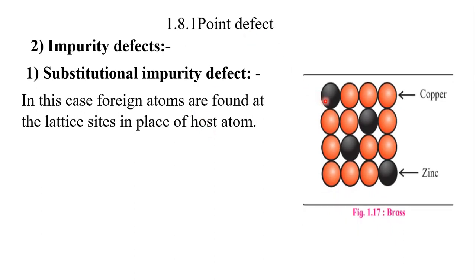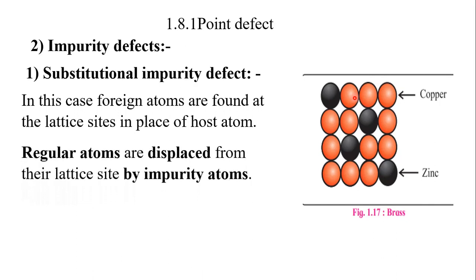In substitutional impurity defect, what happens? The impurity atom or foreign atom displaces the host atom from its lattice site. That means these foreign atoms are present at the lattice site of the host atom. Like this, they substitute the host atom, and such defects are called substitutional impurity defects.